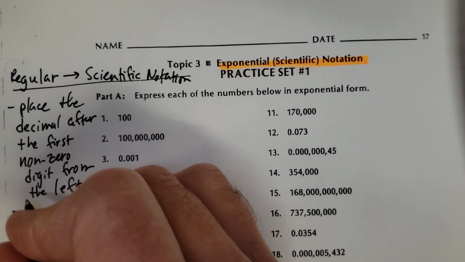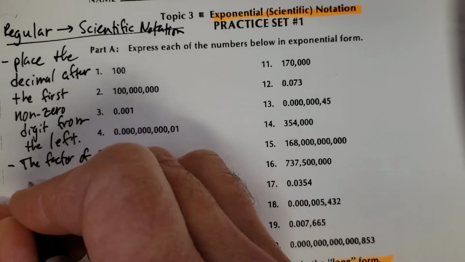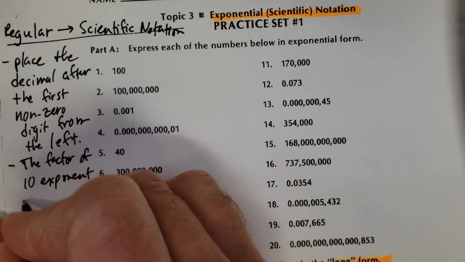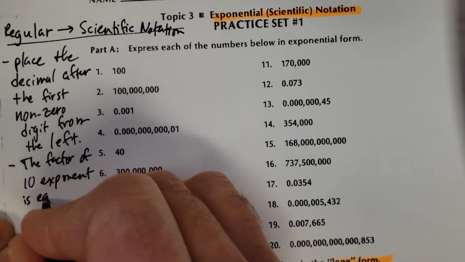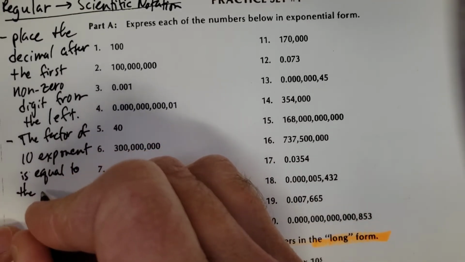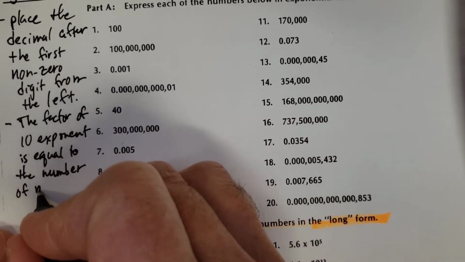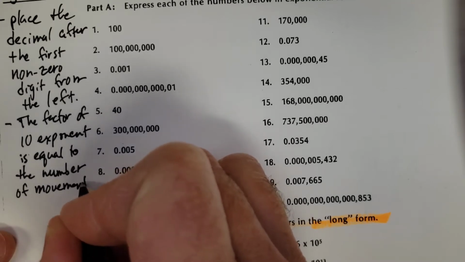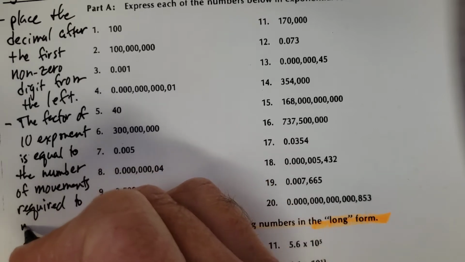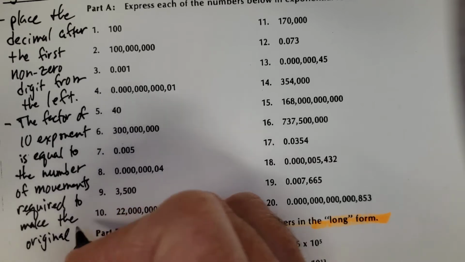And then the factor of 10 exponent is equal to the number of movements required to make the original number.